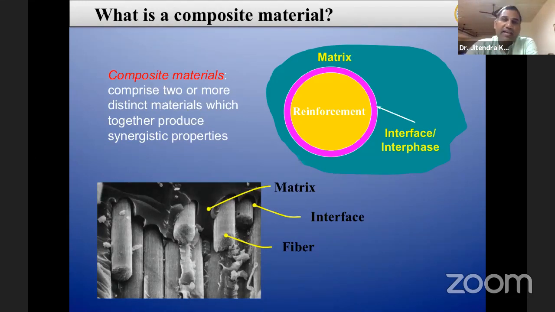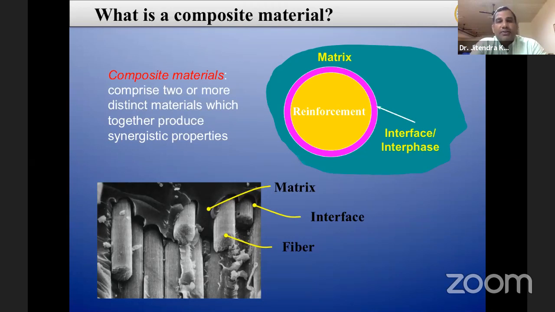Either you add short fiber, long fiber, or a particulate or whiskers, whatever type of reinforcement according to our applications. So a composite material is nothing but adding two or more distinct materials to produce a synergistic property of that parent composite material.